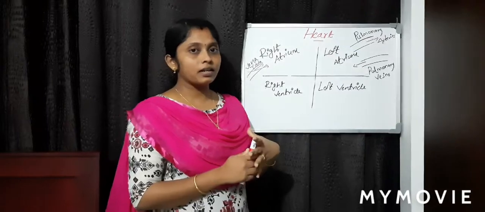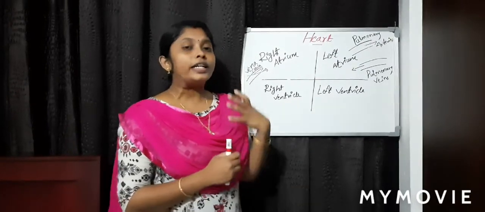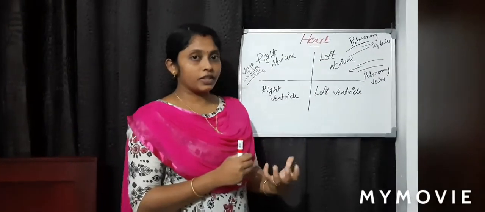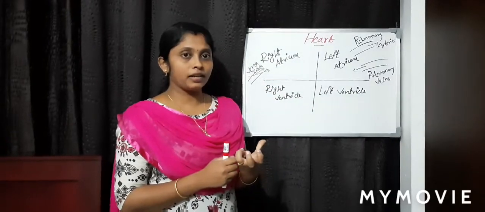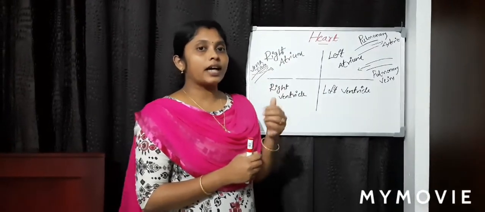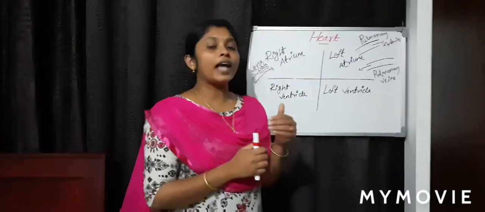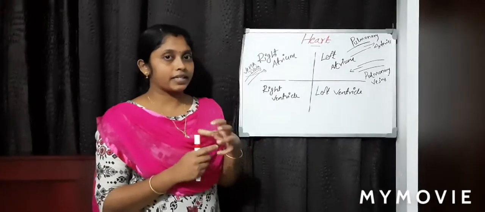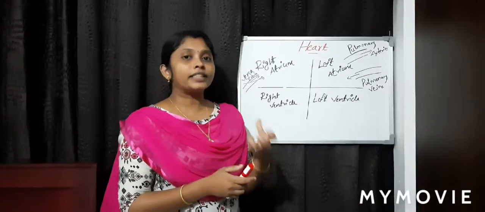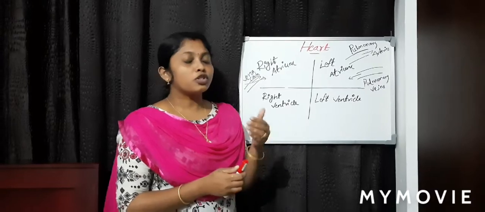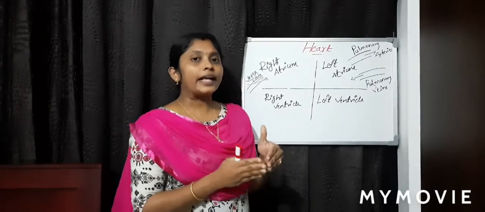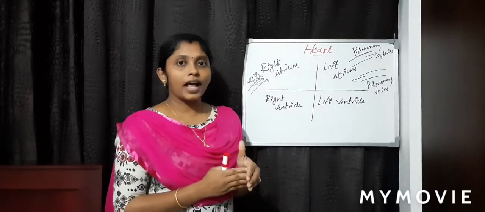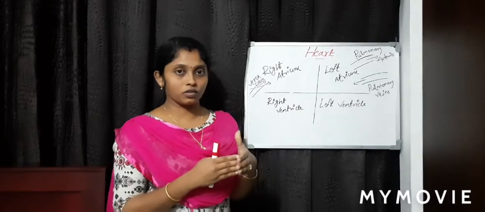In our lungs, the deoxygenated blood, which is rich in carbon dioxide, releases the carbon dioxide into the alveoli present in our lungs and collects oxygen. So the blood again becomes oxygenated, or rich in oxygen.